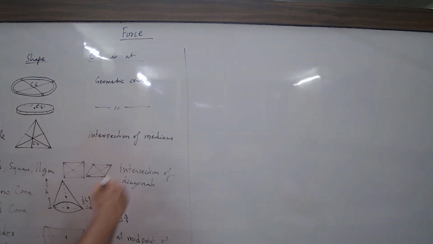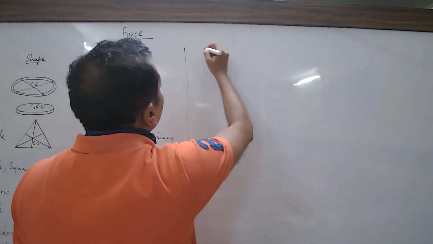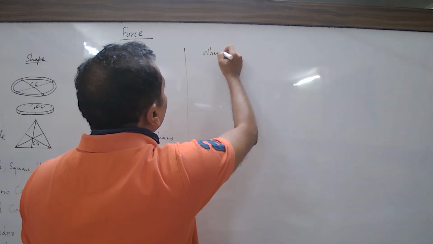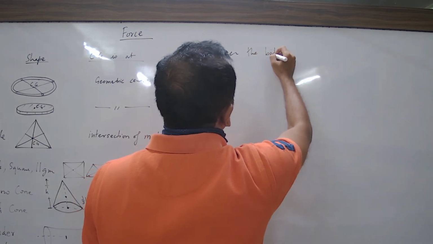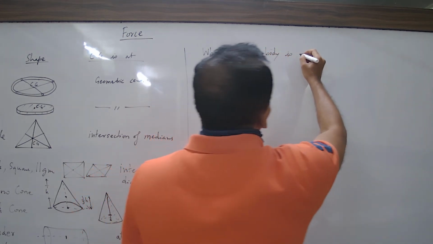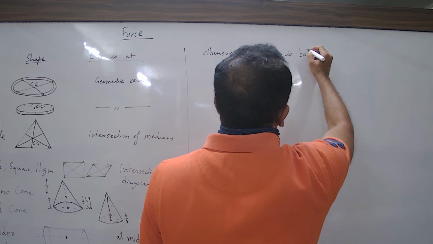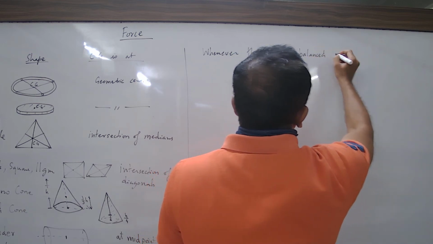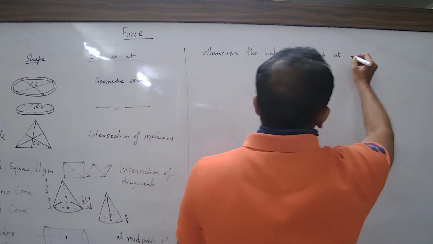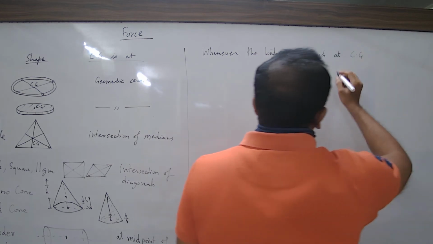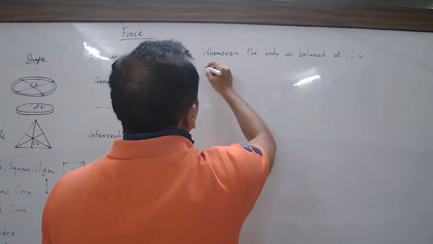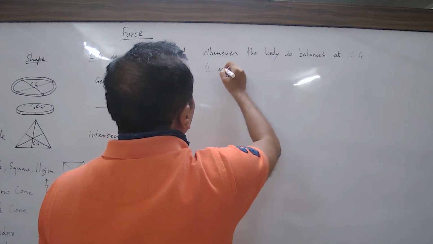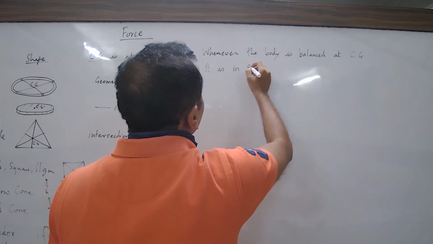So what is the learning from CG discussion? Whenever the body is balanced at CG, it is in equilibrium.